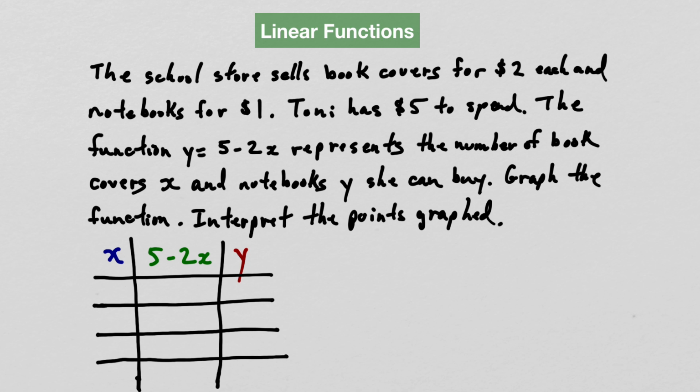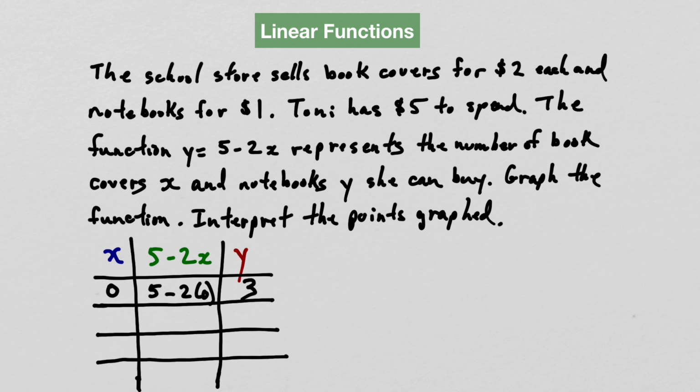So if we don't buy any book covers, and we're going to write that here, 0 book covers, how many notebooks can we purchase? Well, 5 minus 2 times 0, because x is 0, that gives us a result of 3.